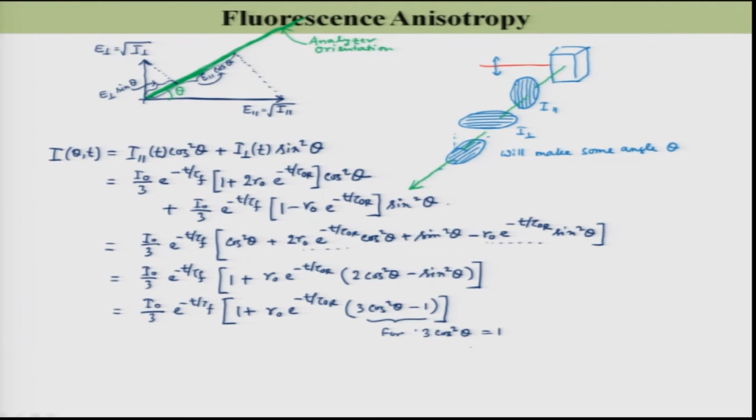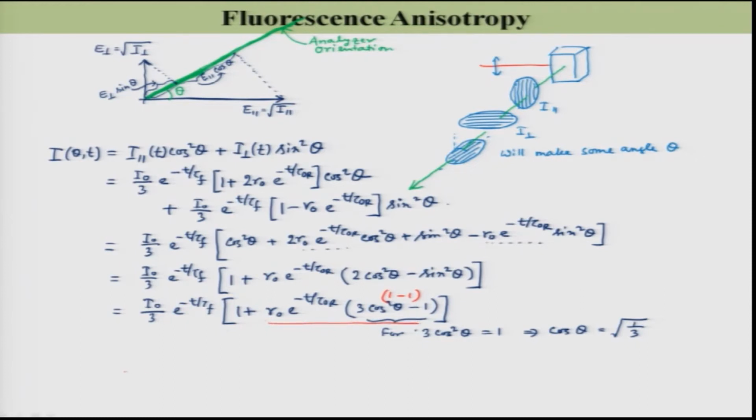I can write here cos theta is equal to root over 1 upon 3. Then when the value of 3 cos square theta is equal to 1, this will be 1 minus 1, then this quantity is going to be 0, then this whole quantity will be 0.